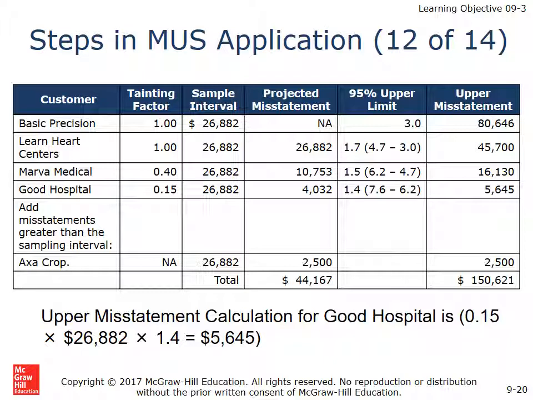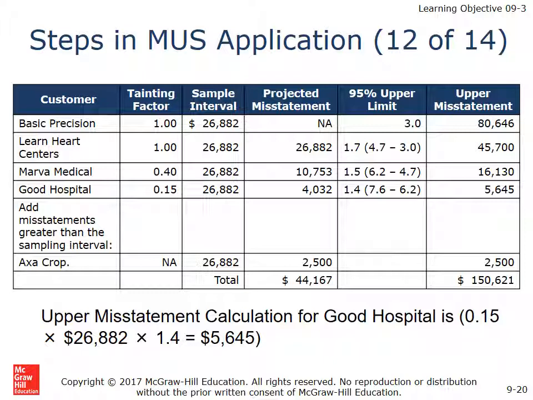Here's our sampling interval. Multiply your sampling interval by the tainting factor discovered. Then we take the incremental increase in that 95% desired confidence level table. For instance, going from 0 mistakes to 1 mistake, your misstatement factor increases 1.7. So now we'll multiply the projected misstatement by the 1.7 upper limit incremental increase in misstatement factor. That's our sampling risk.